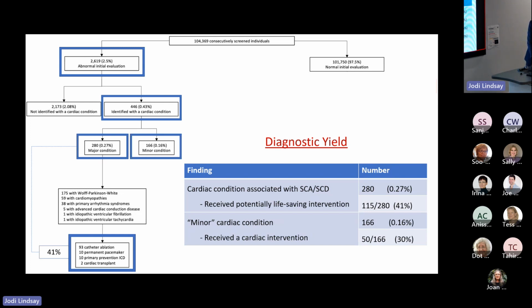The other thing I wanted to highlight, because I said minor cardiac conditions, is that about 30% of even them had a significant cardiac intervention in terms of managing the valve, for example, closing a PFO or an interatrial communication, and ASD, and so on and so forth. So maybe they're not as benign as we usually think.